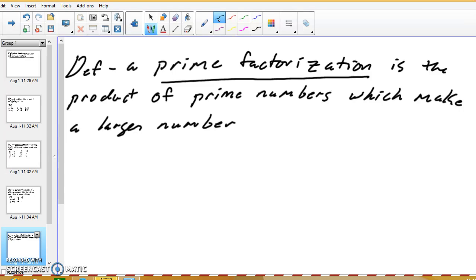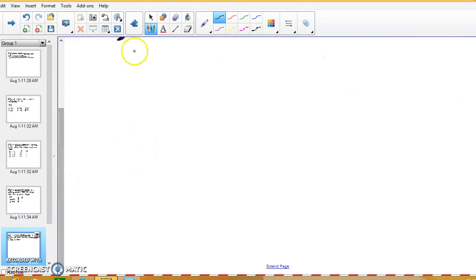So let's just go through an example of a prime factorization and how we found it. So let's say, for example, we have the number 48, and you were asked to find the prime factorization of 48. Again, break 48 down into a string of prime numbers.